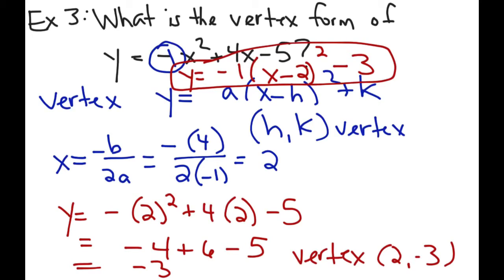And the nice thing about vertex form is that it tells me that the original parabola has been shifted 2 to the right and 3 down, and it's been reflected over the x-axis. And that's what we talked about in section 4.1.